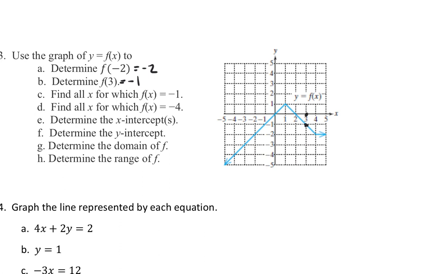Find all x values for where f of x is equal to -1. This is our y value, so we go to -1, and we can go over here and see that it's at 3. And this way we can see that it's at -1. So x is equal to -1 and 3.